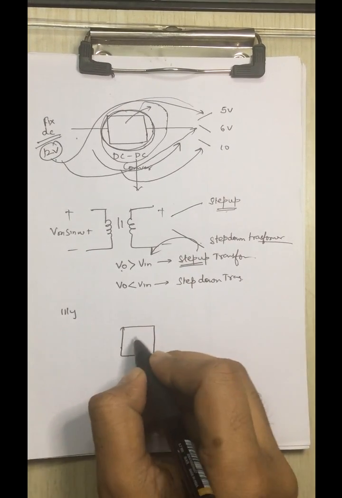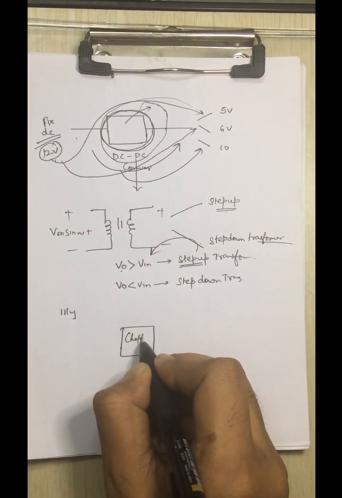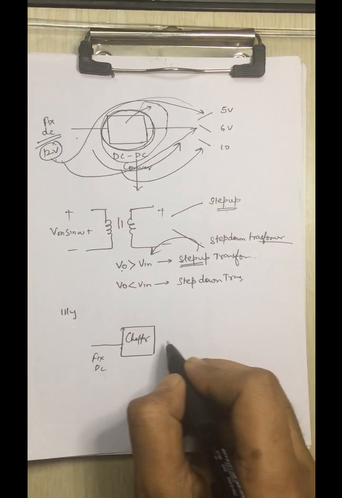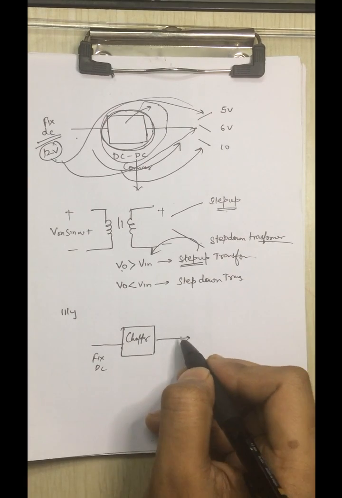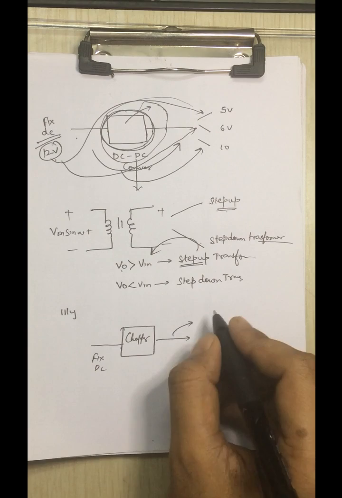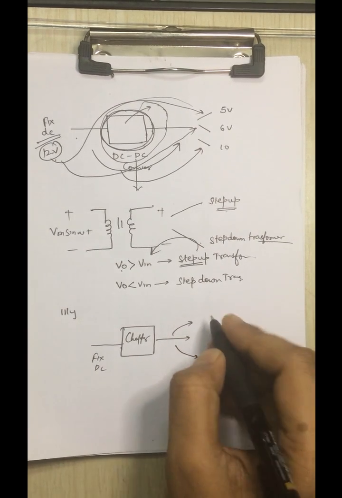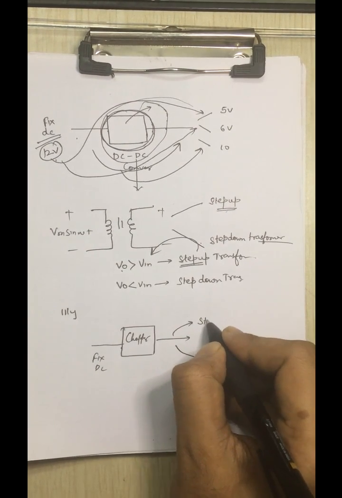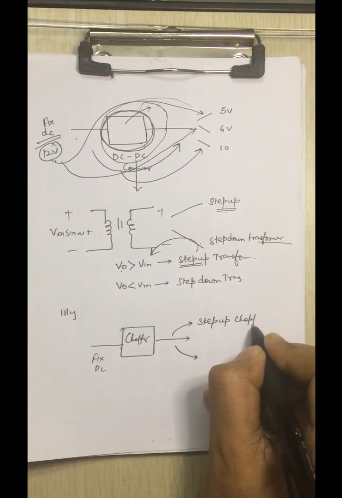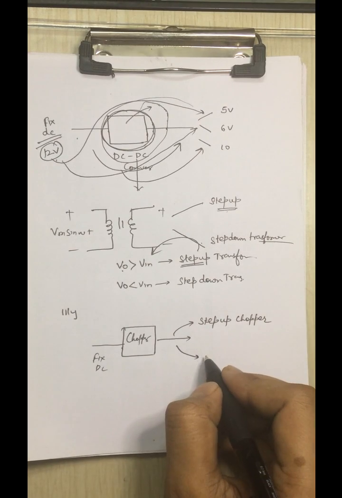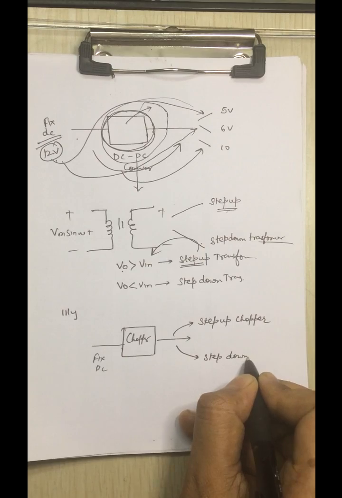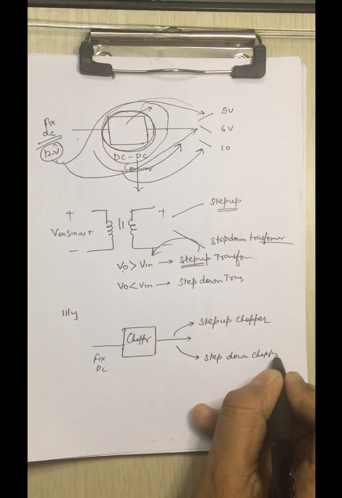If you have a chopper and you are giving the fixed DC, at the output what will you get? Two types of output: first is the step up chopper, second is the step down chopper.